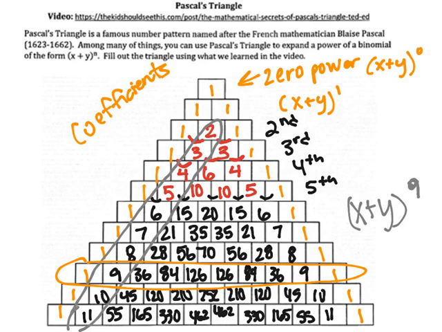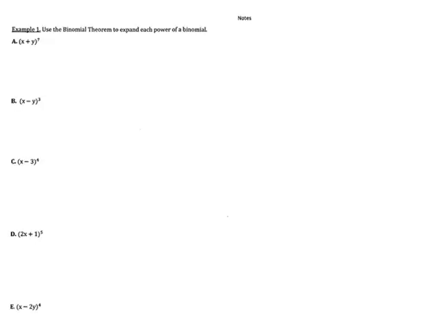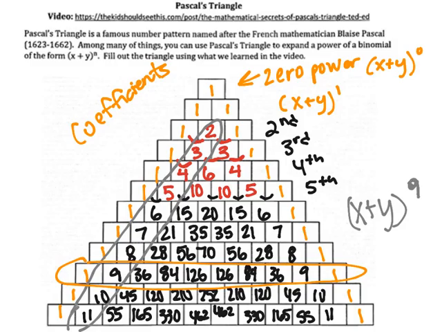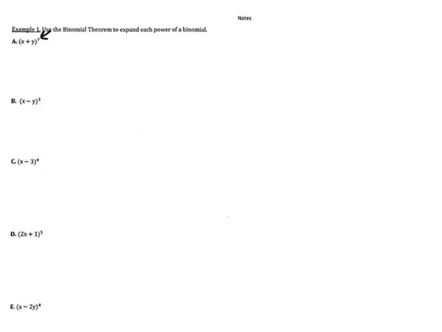Okay, now what are we going to do with this? Well, we're going to have some fun. So flip on over, and we're going to use the binomial theorem to expand each binomial. So here we have a 7th power, so I would use this row, and I'm just going to go ahead and write all of those numbers.